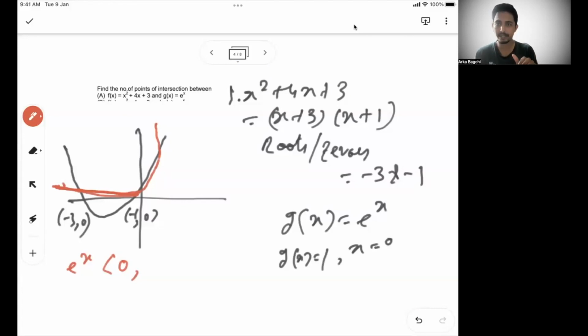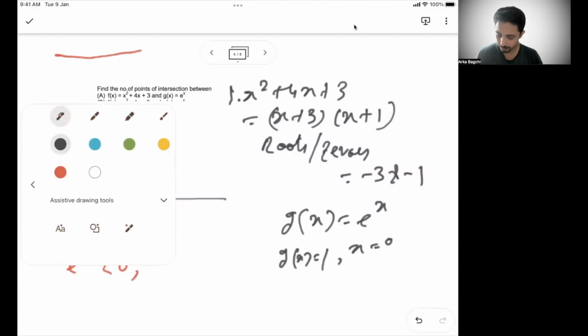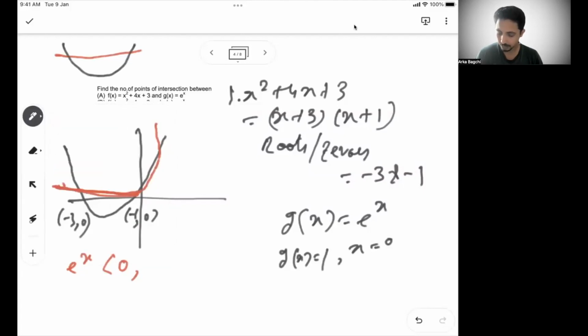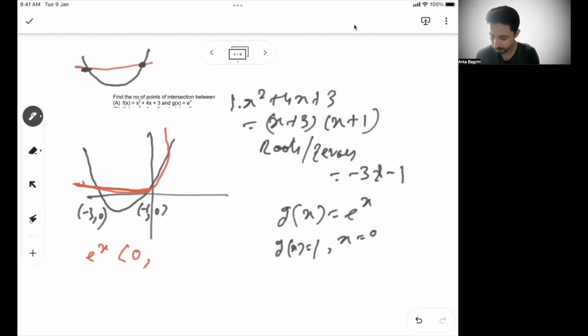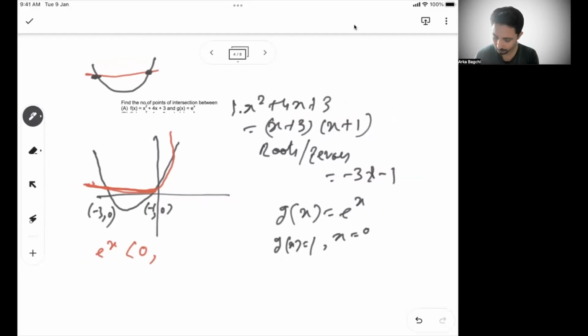If it is a flat line and your other equation is going like this, it will anyway cut it in 2 points. Then your flat line, your graph going like this, and your flat line actually becomes very high.